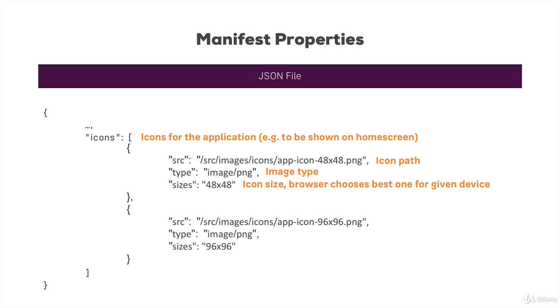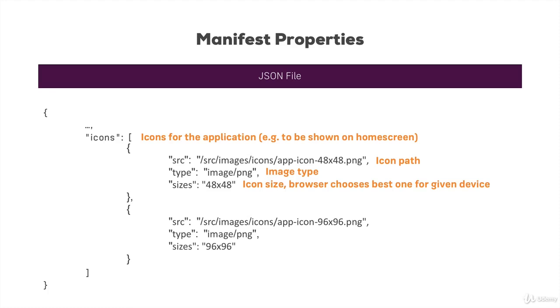So obviously if you have a high density device with a big screen, you want to have a bigger icon than on a, let's say, iPhone 3, which is very old and doesn't have that good of a screen resolution. So again, specify a set of icons here. Make sure to at least have a 48 by 48 sized icon. Also having 128 by 128 is good.